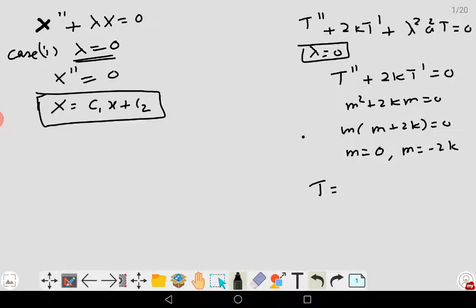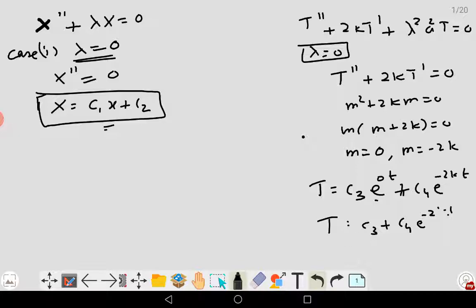So the solution T is equal to, we can use different constants, c1 c2 has been used here, c3 e power 0 times t plus c4 e power minus 2k t. e power 0 is 1, isn't it? So T is c3 plus c4 e power minus 2k t. This is the first case solution.